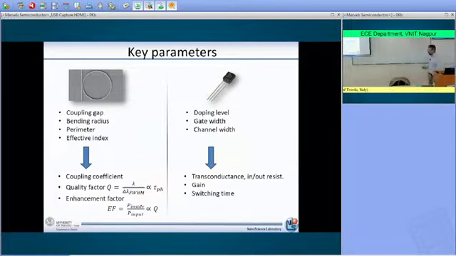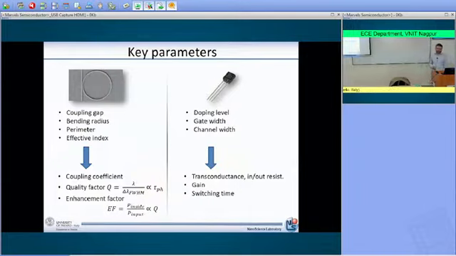You have to take notes on these important properties. One is called the quality factor Q, and it is equal to lambda divided by the linewidth. The other important quantity is the enhancement factor, that is the power stored inside the microring resonator versus the input power. Anyway, I will come back to this later on.